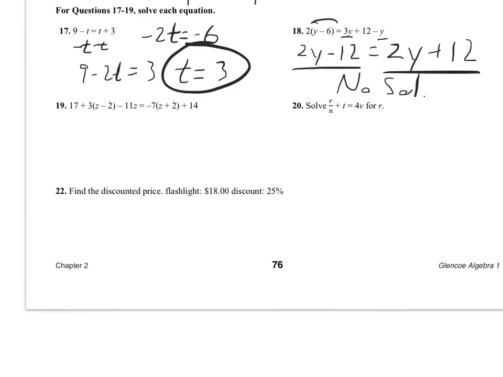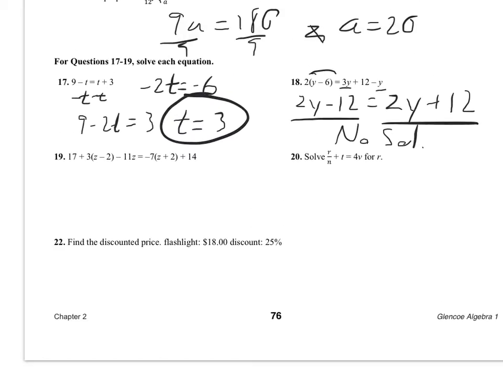Alright, 19. 19 says, well, let's solve that for z, so let's just start with distribution. 17 plus 3z minus 6 minus 11z is equal to negative 7z minus 14 plus 14. Okay, I'll start canceling those off. Let's see, what else do I have?